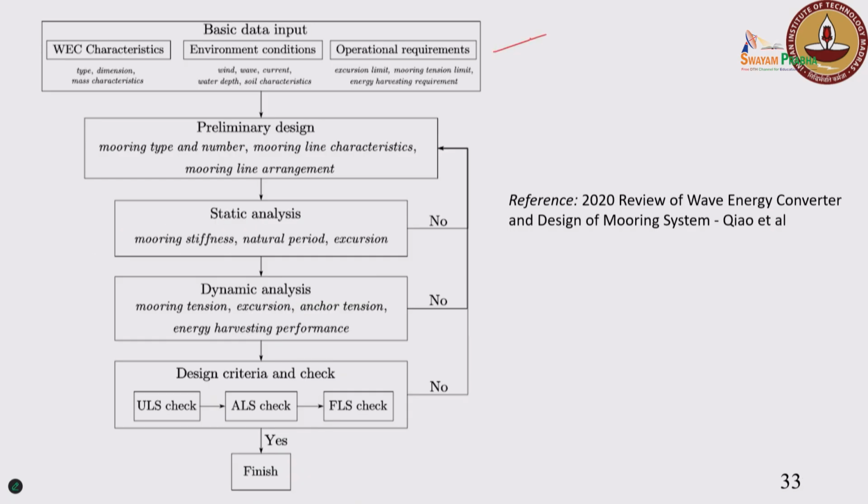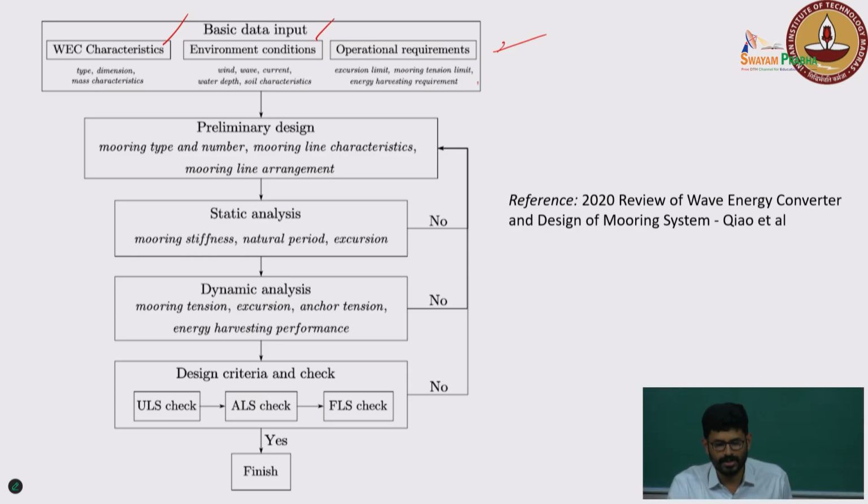Now the basic data input is what you need: the type of floater that you are going to deal with. In this particular case we have the vessel characteristics, what is the type, the dimensions. We said that the floater motions will give the loading to the fairlead of your mooring line, correct? That is what is going to travel to your line. So these are the vessel characteristics and environmental loads: wind, wave, current, water depth, soil characteristics, and operational requirements.